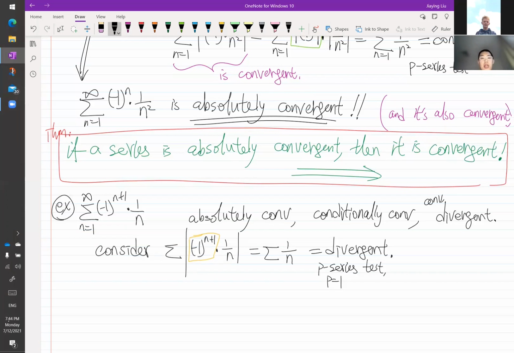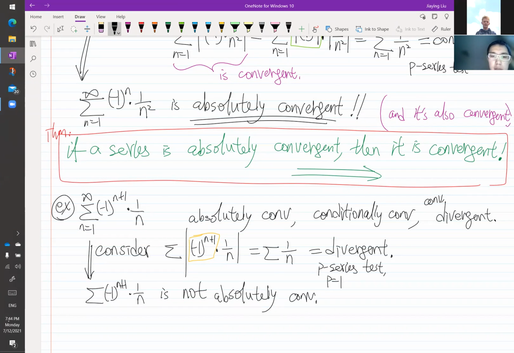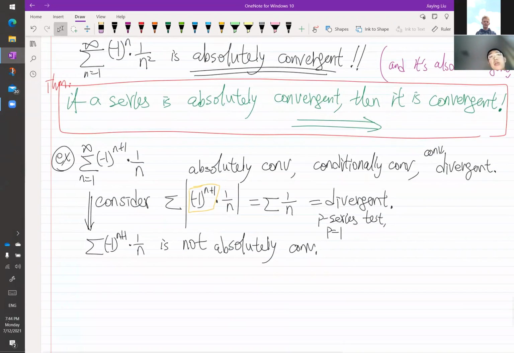That means it's not going to be absolutely convergent. So the given series is not absolutely convergent. But is it conditionally convergent?